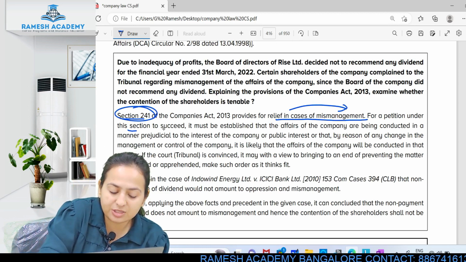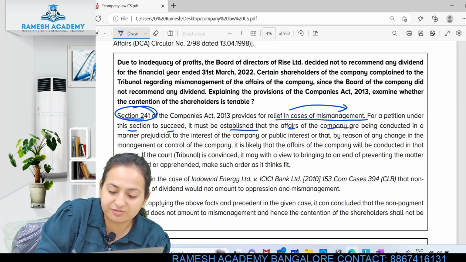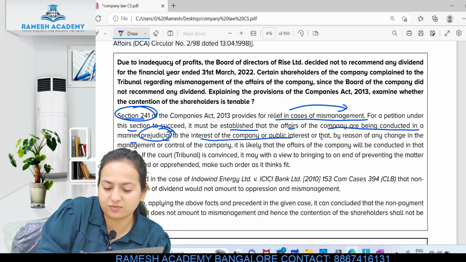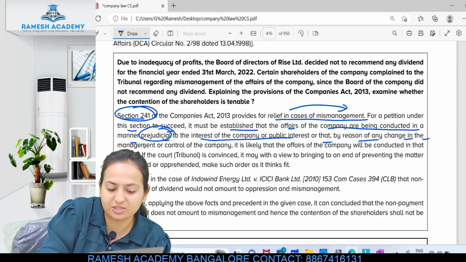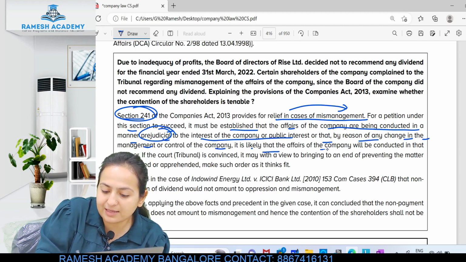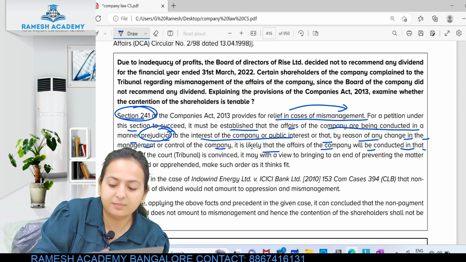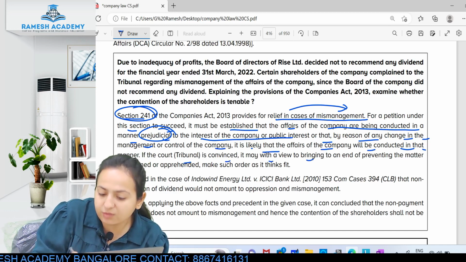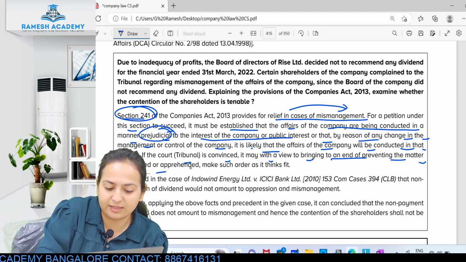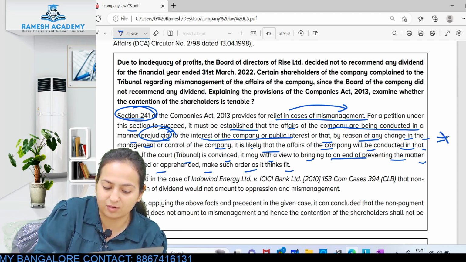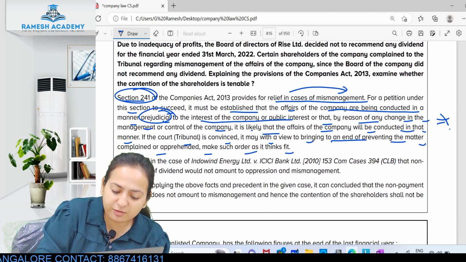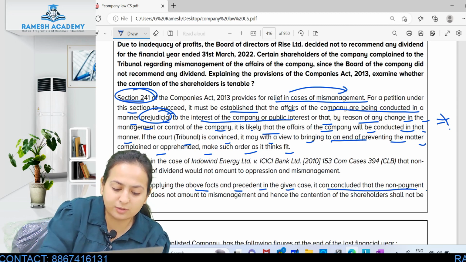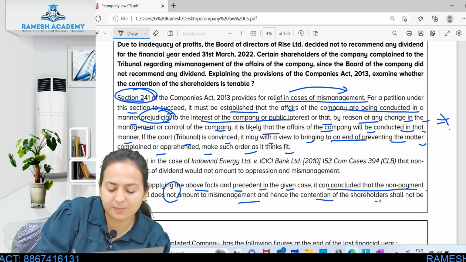For the petition to succeed, it must establish that affairs are being conducted in a manner prejudicial to the interest of the company, by way of any change in the management or control. It is likely that affairs of the company will be conducted in that manner if the court is convinced; it can make such order as it thinks fit. Therefore, applying the above facts and precedents, it is concluded that non-payment does not amount to mismanagement.